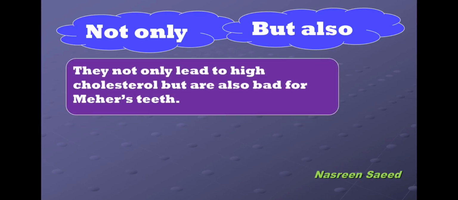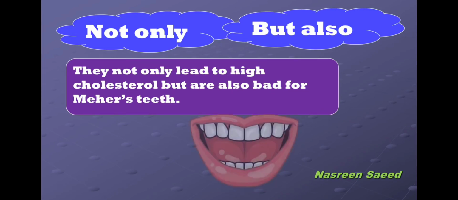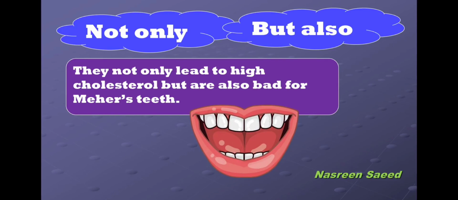Now Meher says she wants neither fruits nor vegetables, but she wants either a sandwich or a burger. So what does the mother reply? They not only lead to high cholesterol but are also bad for Meher's teeth. So now the mother is giving equal importance to both reasons, that this will happen and that will happen. Not only high cholesterol but also bad for teeth.